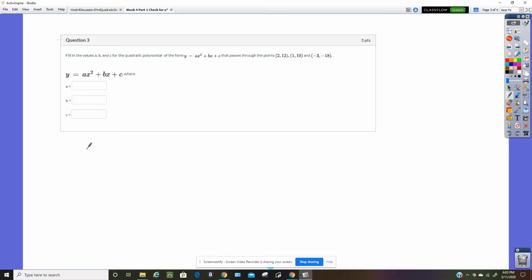For 2, 12, I have 12 is equal to a times 2 squared plus b times 2 plus c.